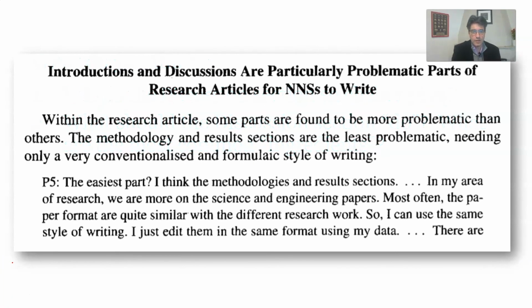So what John Flowerdew reports is that according to these authors, the easiest part is the methodology and the results. And as we've seen, it's not even that simple, but at least there they can simply report what they did. And it's very factual, and they just have to do reportage.